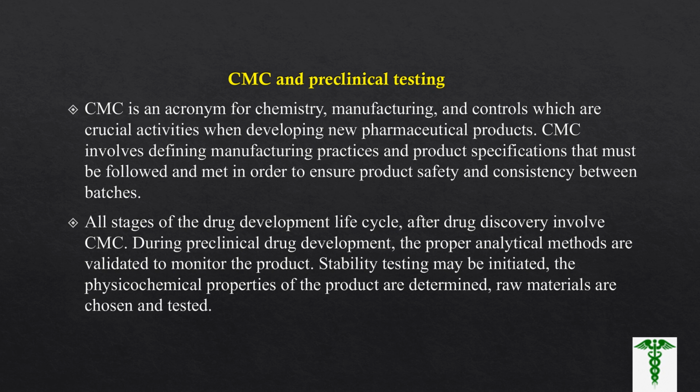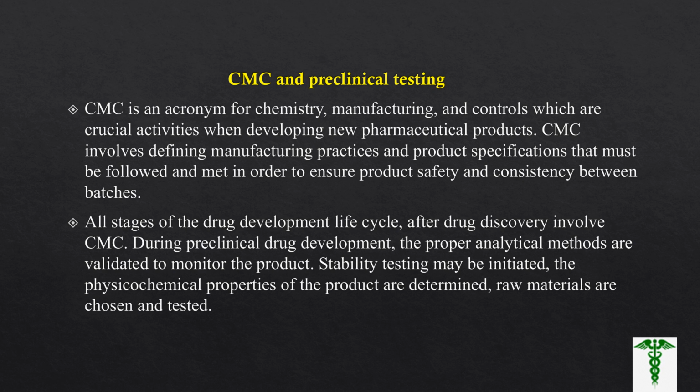Next one, CMC and preclinical testing. CMC is an acronym for chemistry, manufacturing and controls. So we can tell it defines the manufacturing practices and product specifications that have to be followed to ensure product safety and consistency.